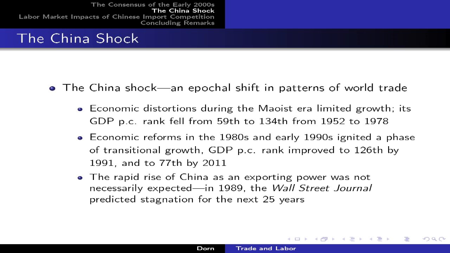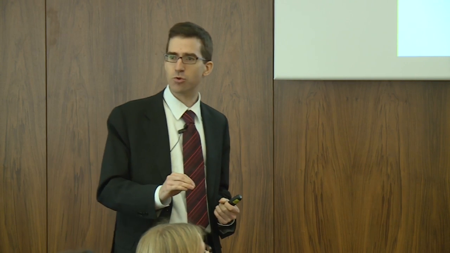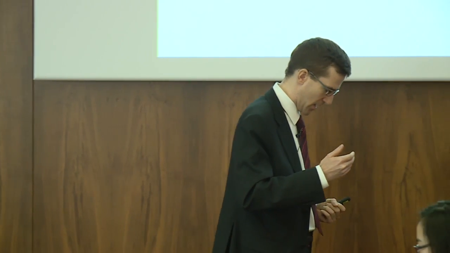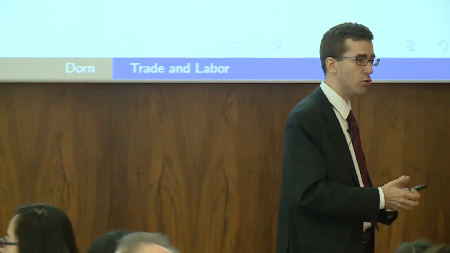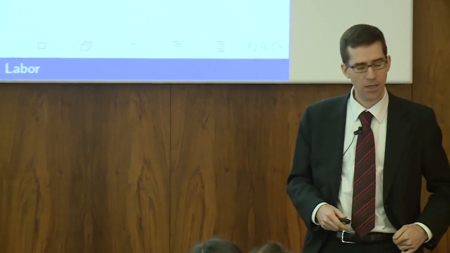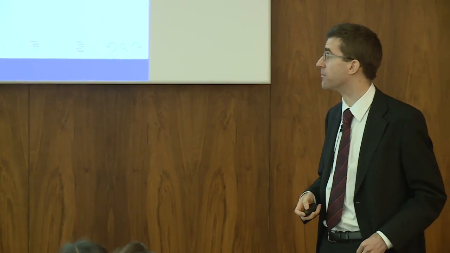Instead, the Wall Street Journal expected that China would be one of the countries that would develop especially poorly, because it was assumed still at that time that China would not successfully manage a transition to a competitive market economy.